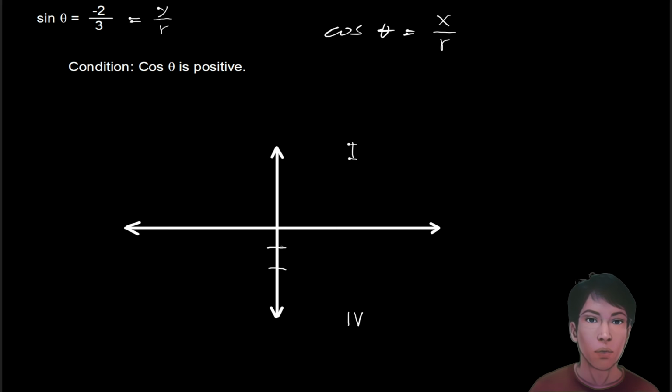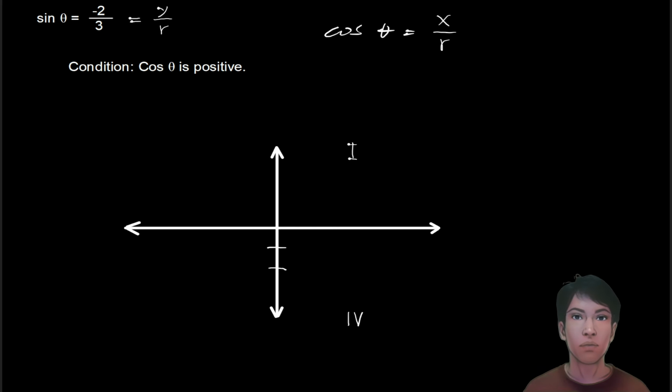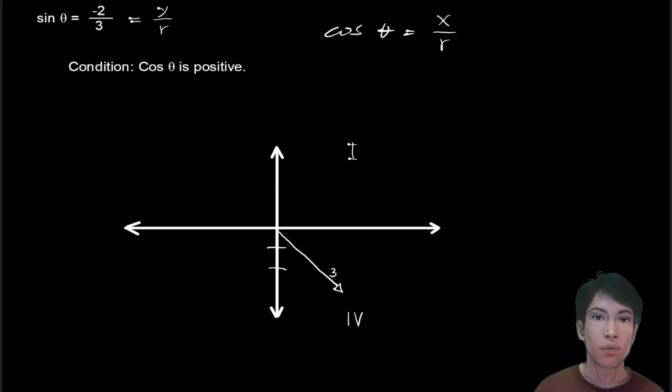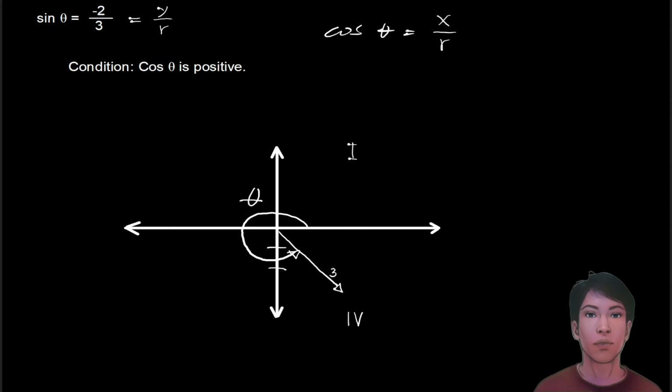So this is negative 2, meaning the angle is in quadrant 4, and this is 3. So angle theta is like this, from here all the way here. So that is your angle theta.